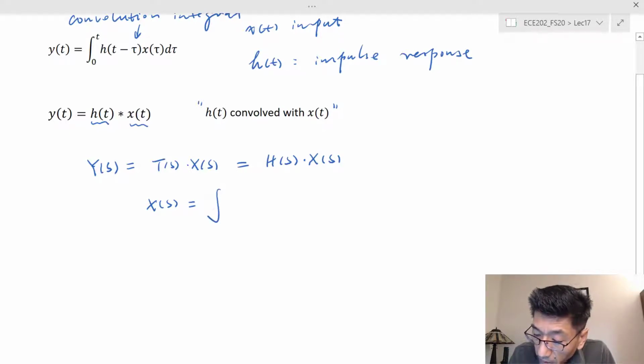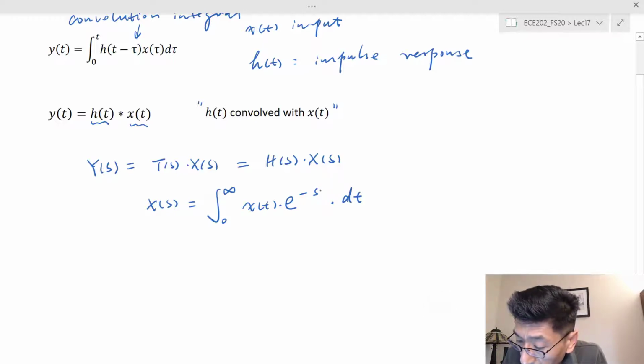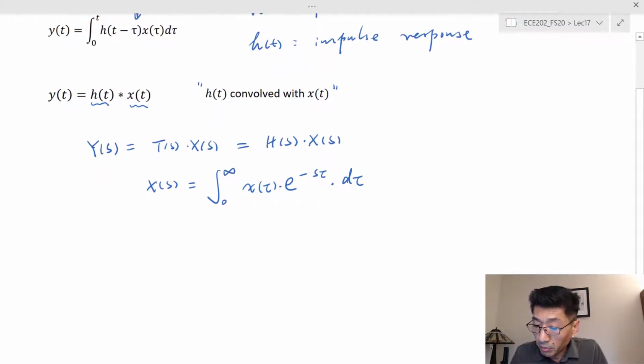So I can write the Laplace transform, integral from 0 to infinity of x(t) e to the minus st dt. In fact, I would like to use tau as a dummy variable. The dummy variable could be anything, just to be consistent with the form we're trying to get. Okay, so I have x(tau) here. This is just the definition of the Laplace transform of x(t).